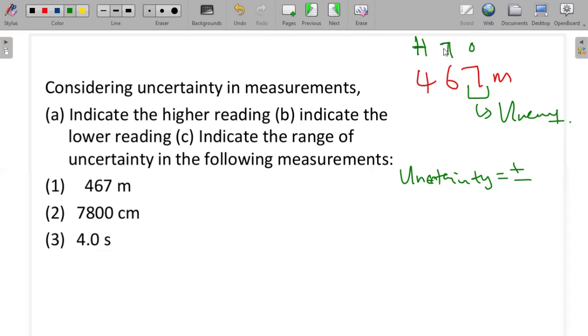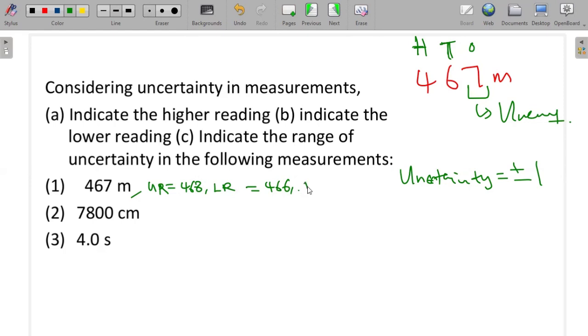So the uncertain digit is in the ones, and the uncertainty is plus or minus 1. On number 1, the upper reading will be this plus 1, which gives 468. The lower reading will be 467 minus 1, 466. Don't forget to include the units there, the meters.